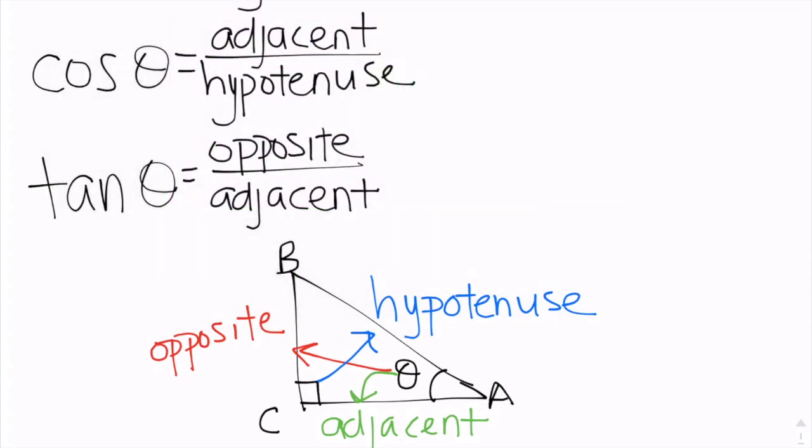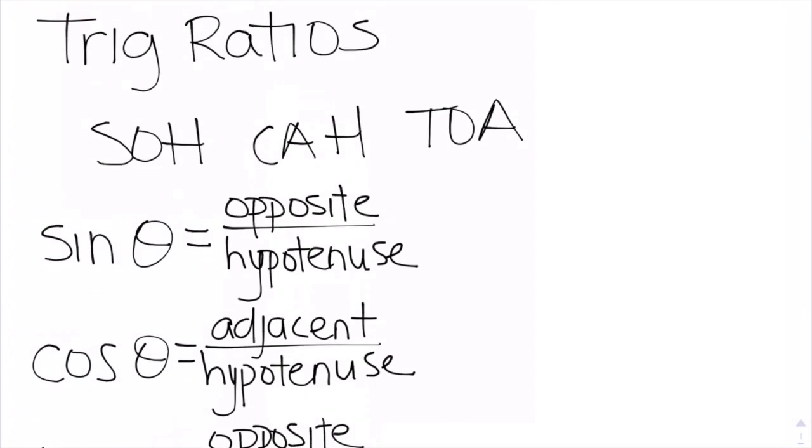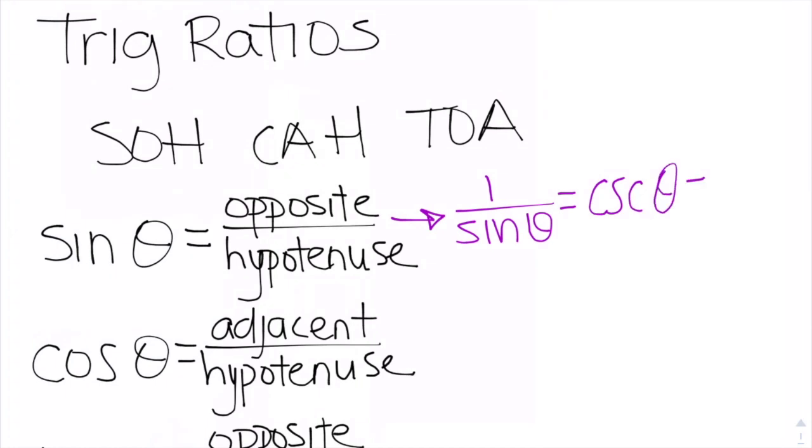So now we're going to look at the reciprocal functions for each of these. And so if we want the reciprocal function for sine, so 1 over sine of theta, that's going to equal cosecant of theta, which is going to take the reciprocal of our fraction for sine, which is opposite over hypotenuse, so the reciprocal is hypotenuse over opposite.